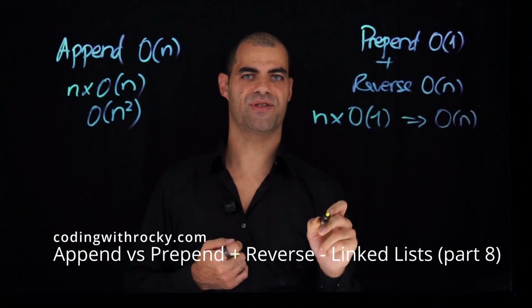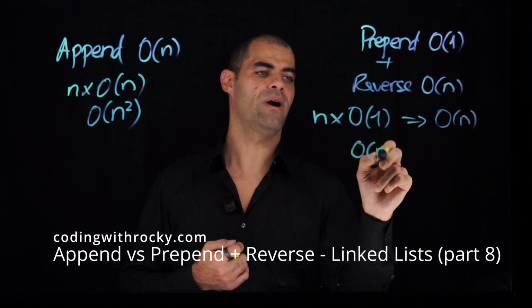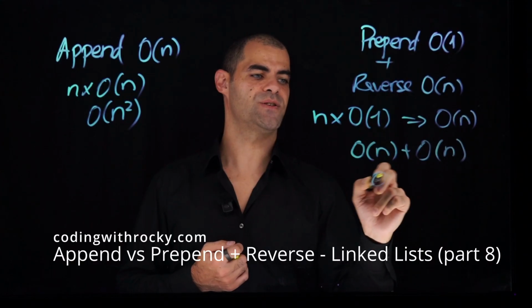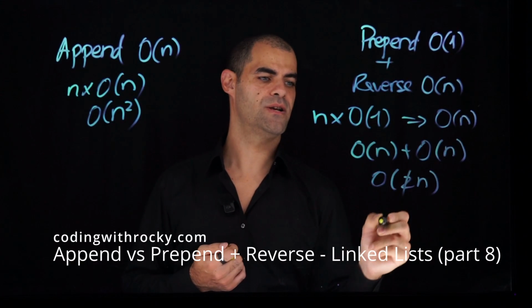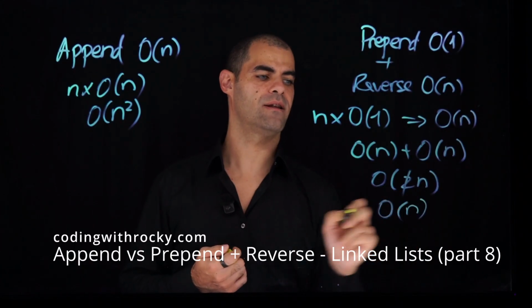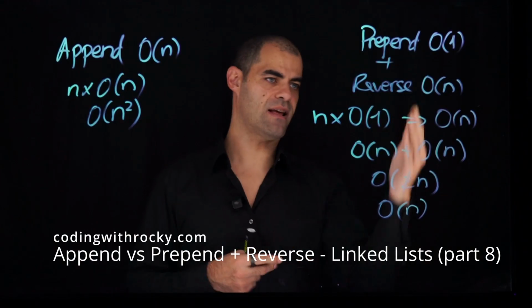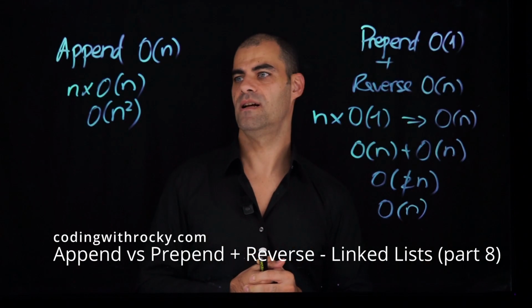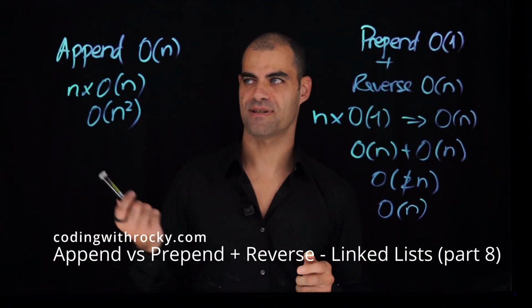And then we reverse everything, which is once again O of n. So we have O(n) plus O(n), which is O(n), and the constants you can ignore. So this becomes an O(n) operation.